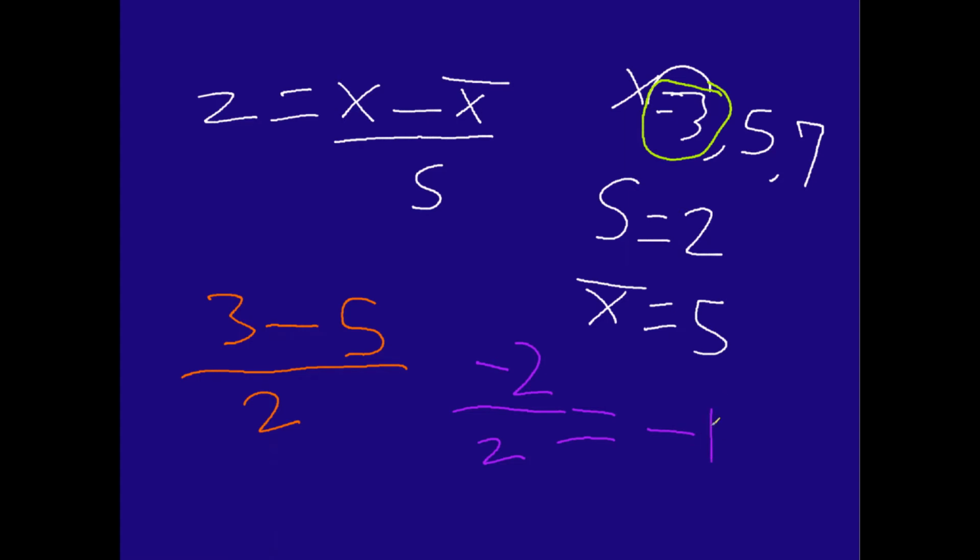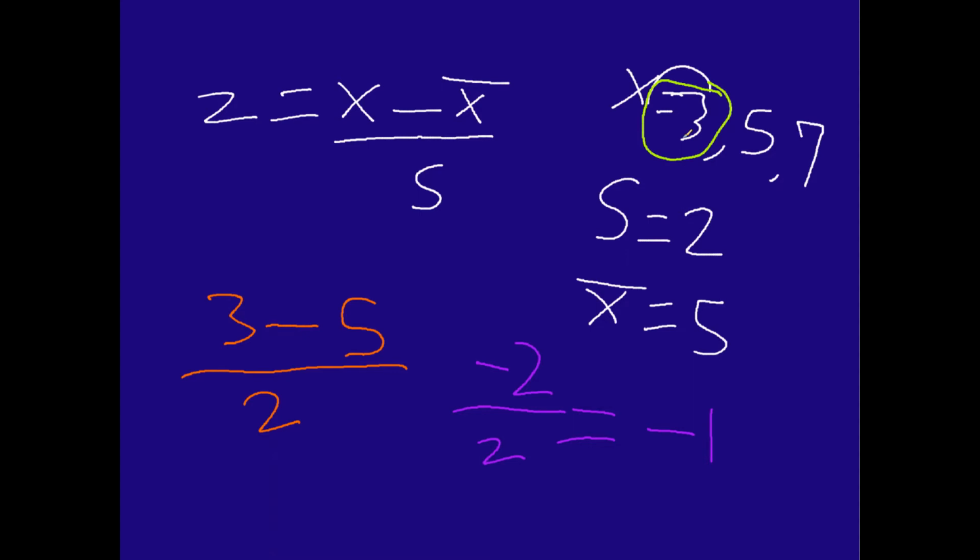So what does that mean? This means that the value of 3 is 1 standard deviation below the mean, which is 5, which makes complete sense because the standard deviation is 2, and how far below 5 is 3? We know that 3 minus 5 is negative 2.